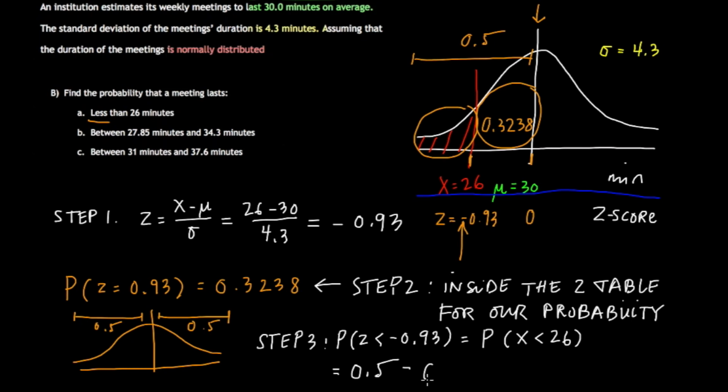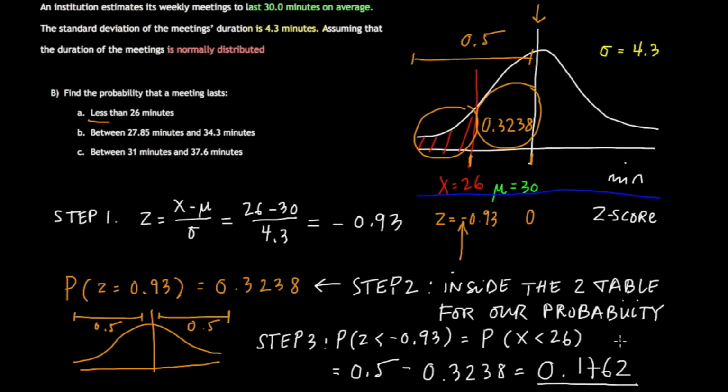So minus 0.3238, and this is equal to our tail right here, which is the remainder, and that is a total of 0.1762. So 0.1762. Okay, so there is our answer.